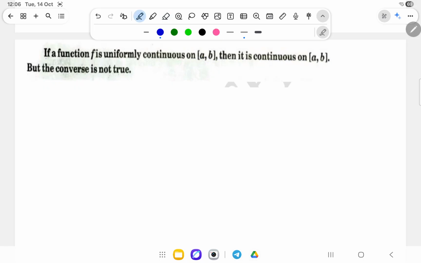So a function f is uniformly continuous on the closed interval a to b.